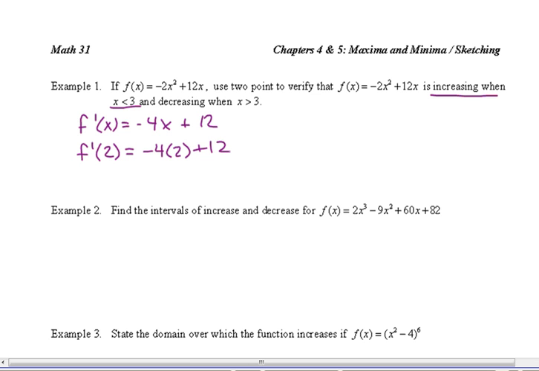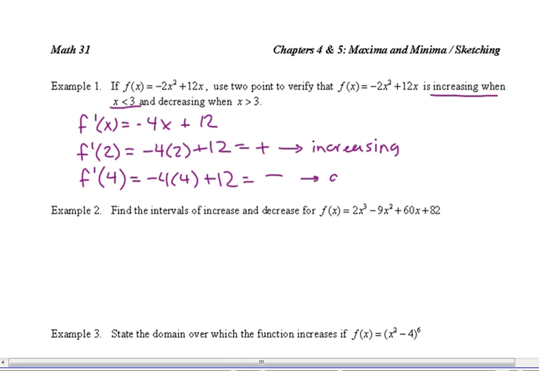What does that give us? A positive or a negative? A positive, so therefore increasing. Positive slope. And we want to verify that when it's greater than 3, it's decreasing, so we'll try 4. Which gives you negative 16 plus 12, or a negative number, so therefore decreasing.